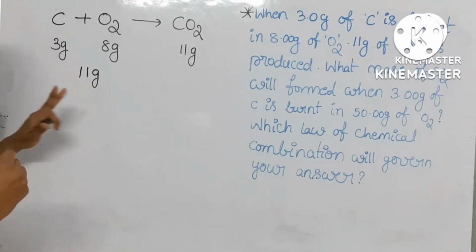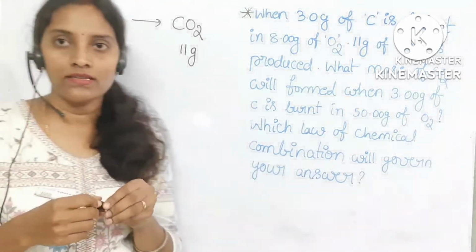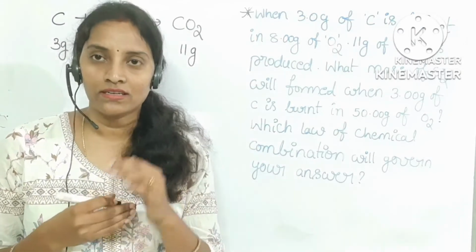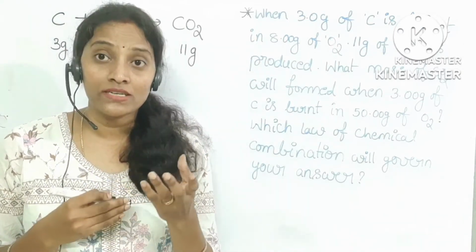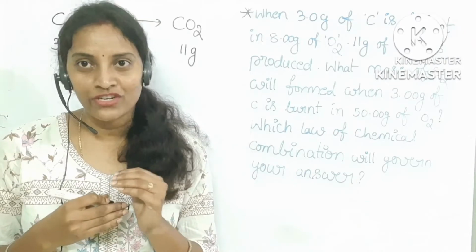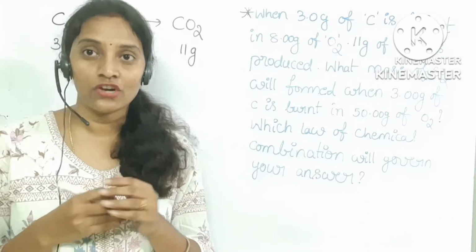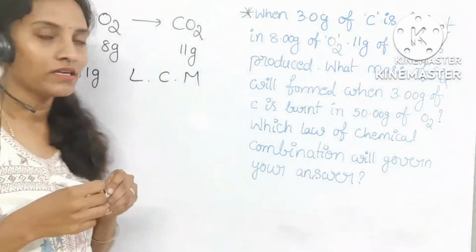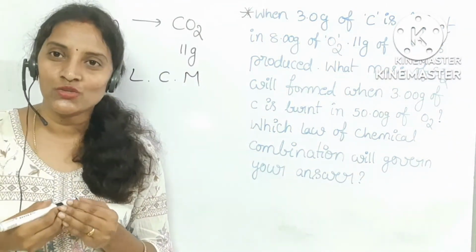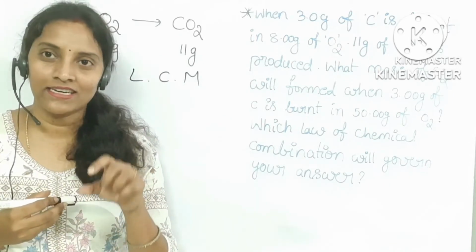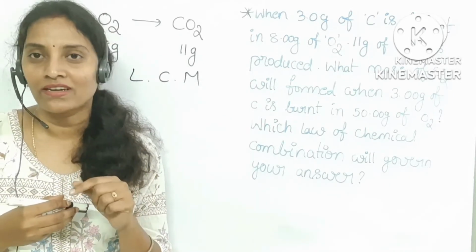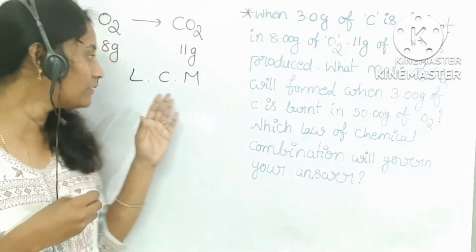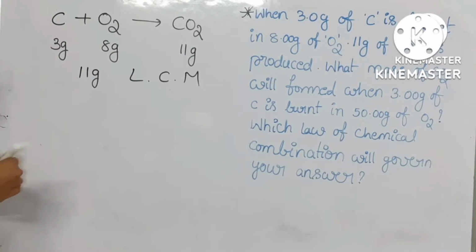So by seeing this answer, you can directly tell this condition represents the law of conservation of mass. Law of conservation of mass is nothing but, however much mass reacts in a chemical reaction, that much mass will be generated. That is the law of conservation of mass. This is the first condition.